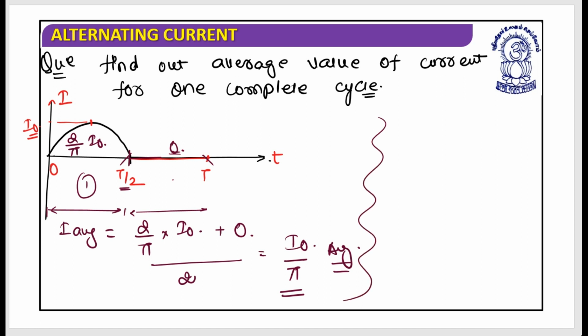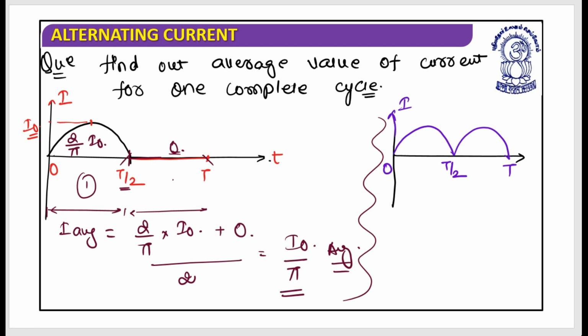One more, I want to make it here only so that we can compare it quickly. Let's say the situation is something like this, that this is the half cycle, this is the other half cycle. This is 0, this is t by 2, this is t, and they say find out the average value of current.